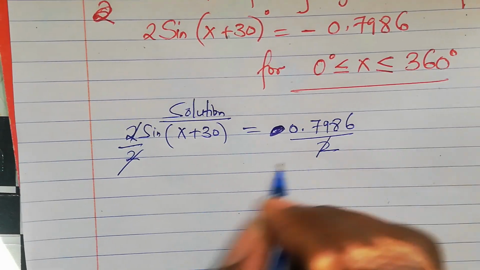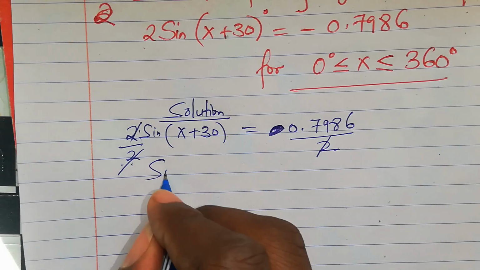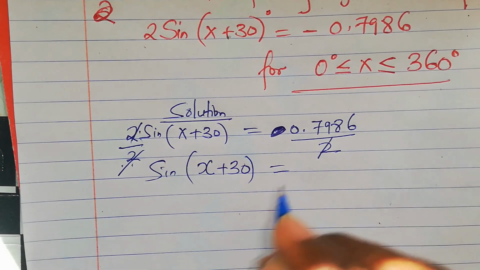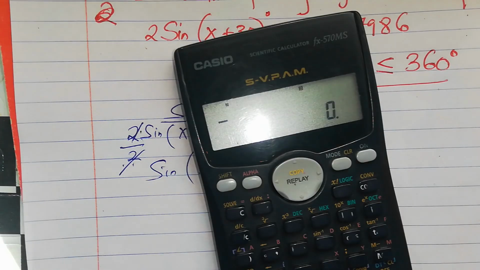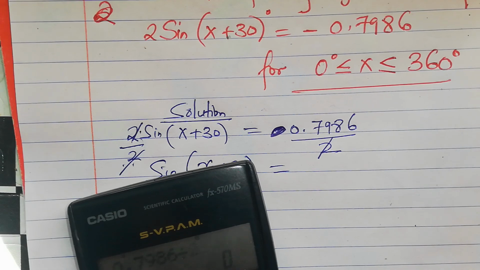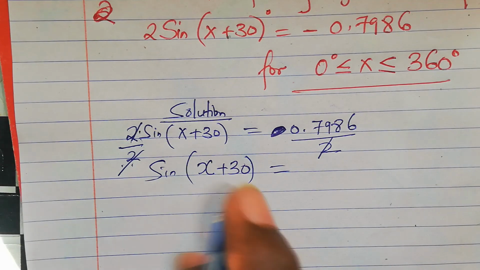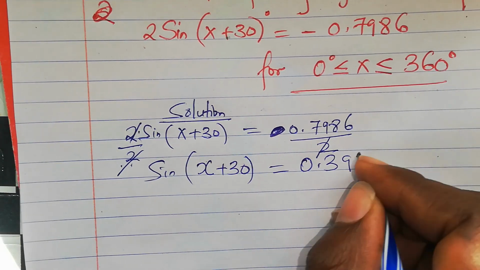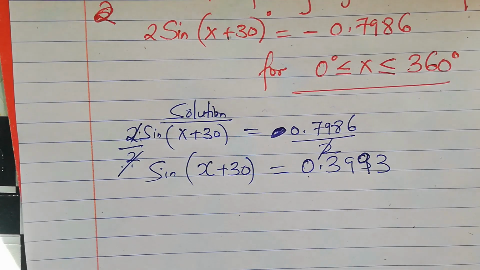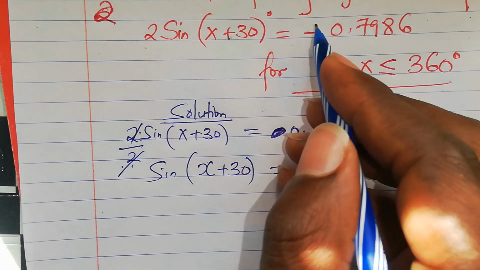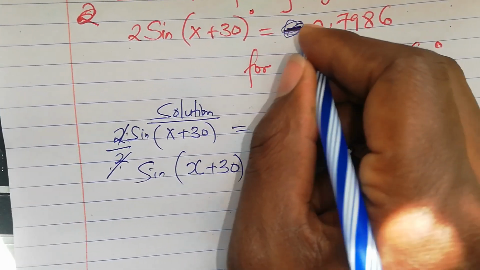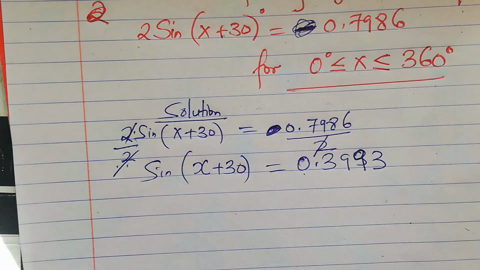Why? You want to remain with sine x plus 30 is equal to 0.7986 divided by 2. You get 0.3993. The negative sign that I'm assuming here, its work will come later. At least it will show us where we will get these angles.